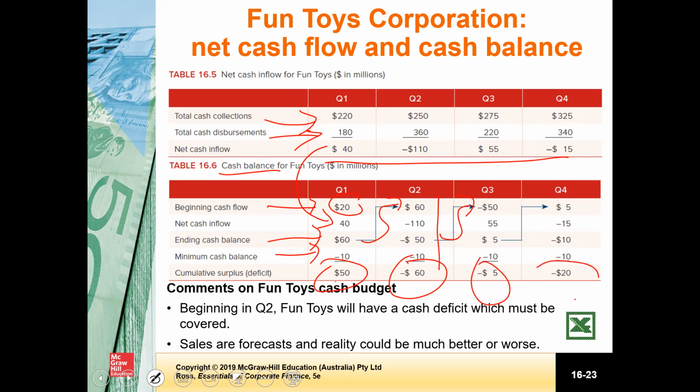But again, perhaps due to seasonal demand, it increases to 20 in quarter four. Okay, so when there is a positive estimated cash balance, the firm should plan to invest this cash, and when there is a deficit, the firm should plan how to finance this deficit.